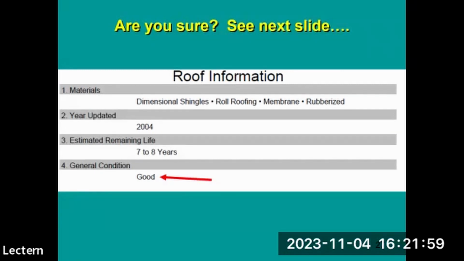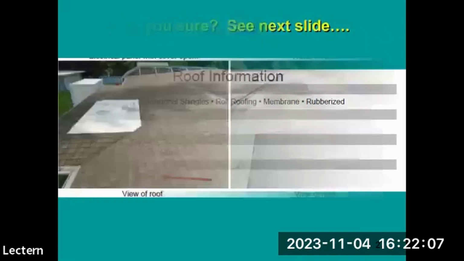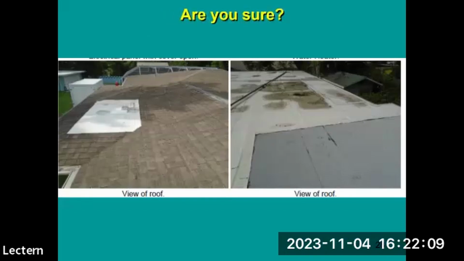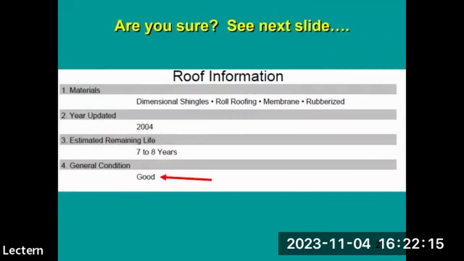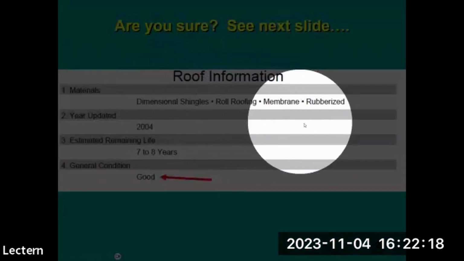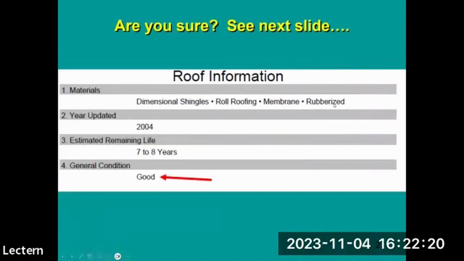Wow. All right, it sounds wrong already. And general condition is good. I'm like, okay, I'm looking at the report. There's a claim about the roof. So you got dimensional shingles, rolled roofing, membrane, rubberized.